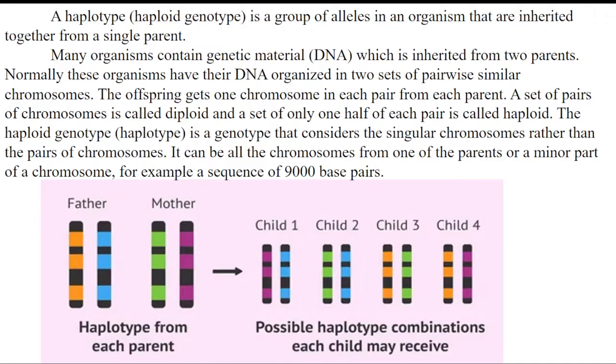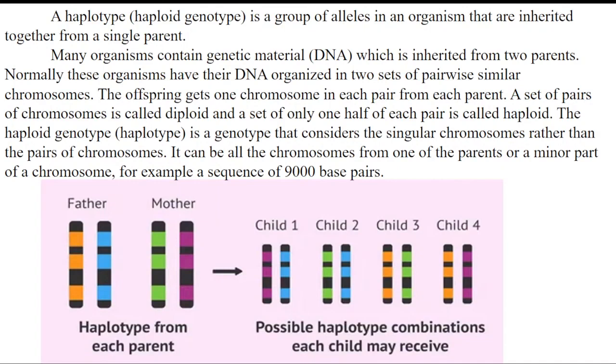The offspring gets one chromosome in each pair from each parent. A set of pairs of chromosomes is called diploid, and a set of only one half of each pair is called haploid. The haplotype is a genotype which considers the singular chromosomes rather than the pairs of chromosomes.